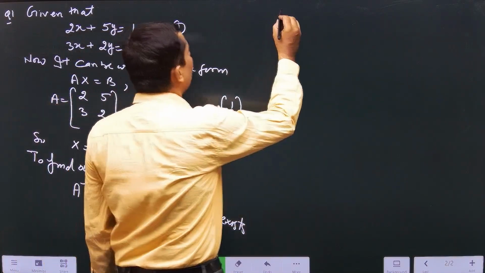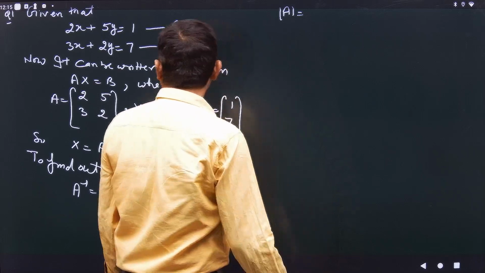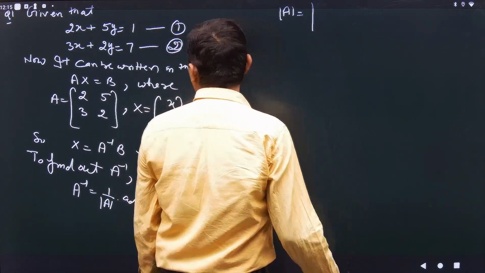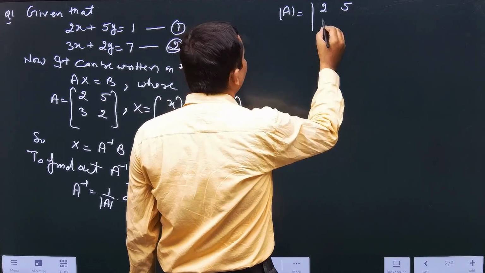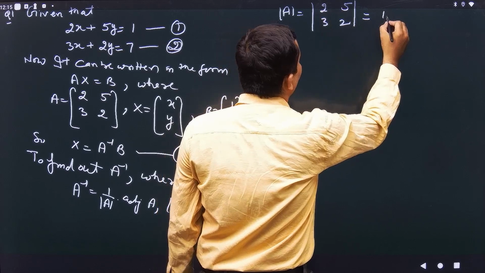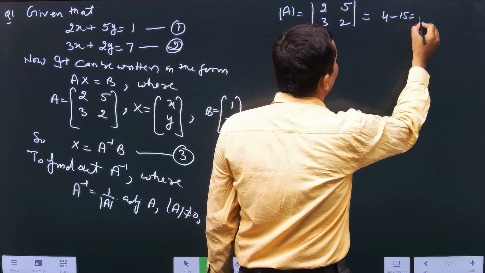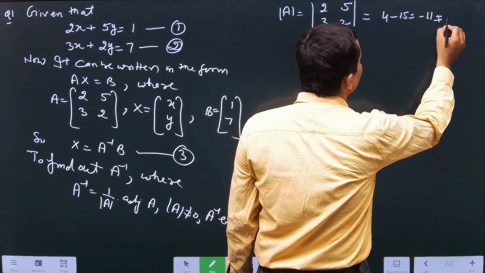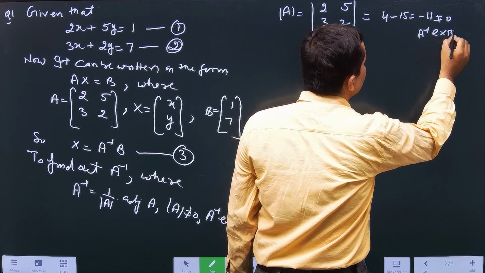First of all we will find the determinant of A of 2 by 2 order. Write it in determinant form: 2, 5, 3 and 2. This is equal to 2 times 2 is 4, minus 15, which is minus 11, not equal to 0. So A inverse exists.